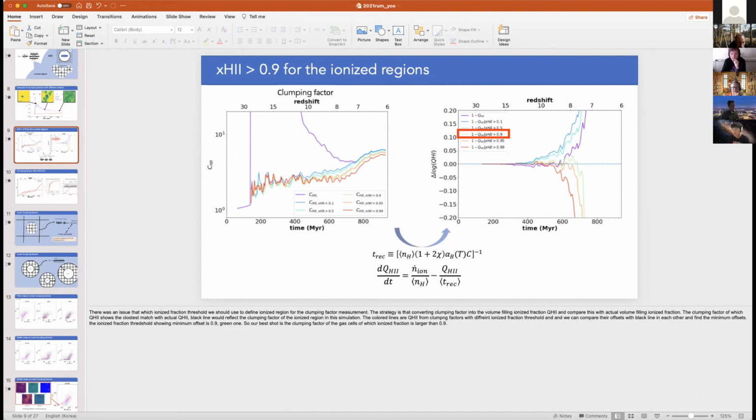It will tell whether this box is enough for the calculation of the clumping factors. Okay, I guess my only worry is if you start to have a volume that's large enough to have deeper voids and larger overdensities, because you have this n squared term in the clumping factor, how is that going to affect the overall thing? But I'm very much looking forward to the results on larger volumes. Okay, yeah, thank you.